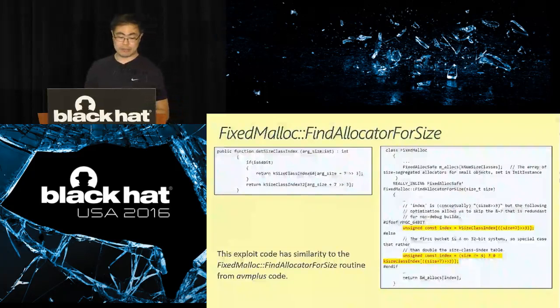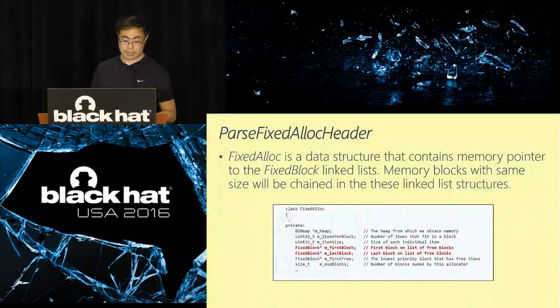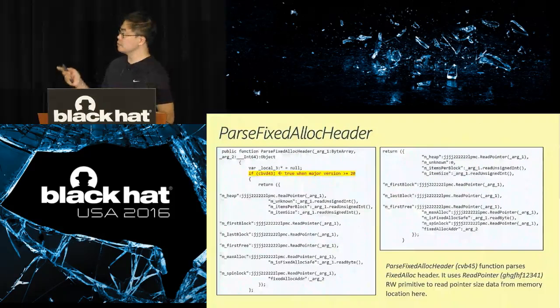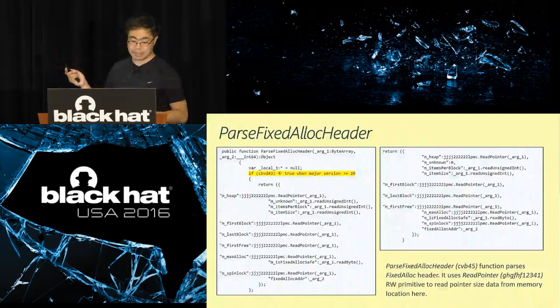From the exploit code itself, getClass on the left side is the getSizeClassIndex function from the exploit code. On the right side is the actual MMgc source code from AVM Plus, and they are the same. About the structures, the FixedAlloc structure is defined in the AVM Plus source code like this. It has a linked list of fixed blocks, and the exploit is doing the same thing.